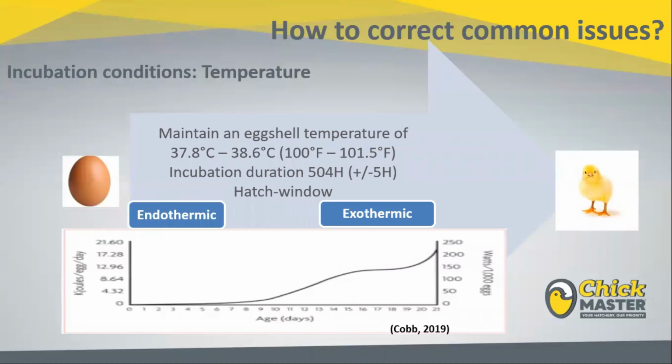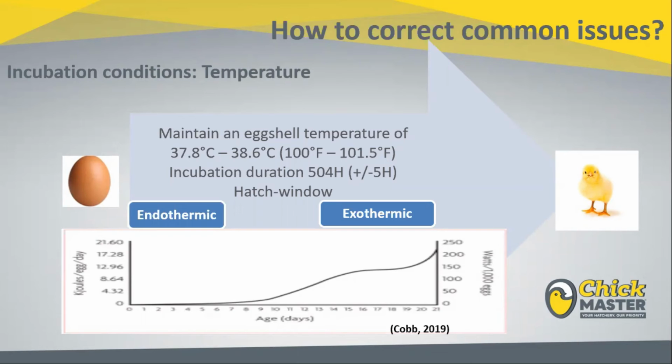So the temperature is the driver of the incubation. The increase of the temperature will start the cell multiplication, and it's a necessary condition to maintain the development of the chick.